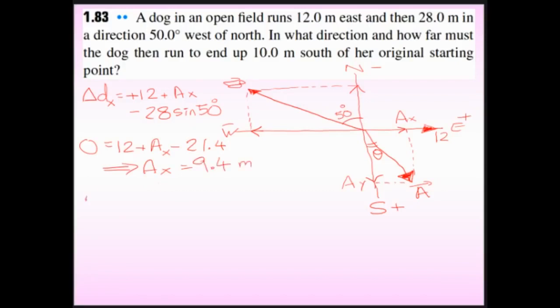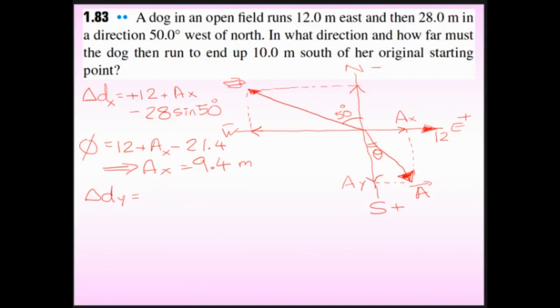Come on. Delta dy. Oh, 0? Why 0? I don't want the dog to move anything on the x. I want the dog to eventually end straight down. Delta dy, come on. How many vectors do I have on the y? Just look.